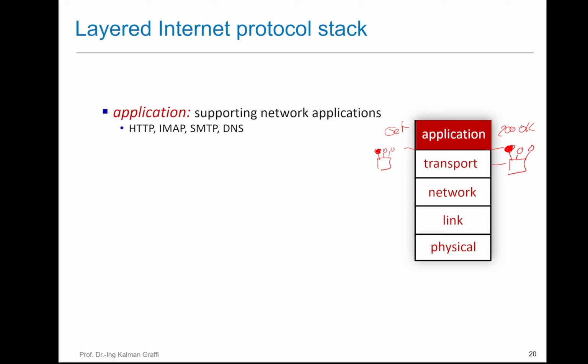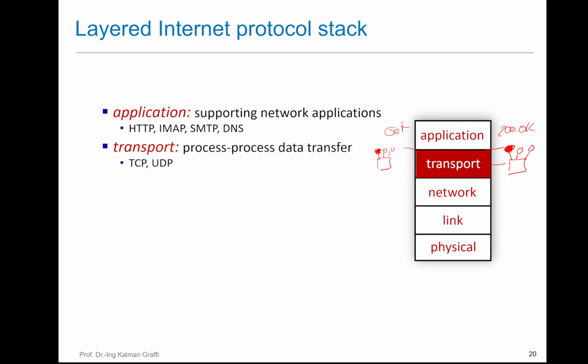Our web browser should be able to send a message to a web server, and this is done by the transport layer that allows this process-to-process data transfer. The simplest one is UDP, where you just use a simple port to signal which application is sending the message and which application is the destination. And you can have it more complex with TCP.